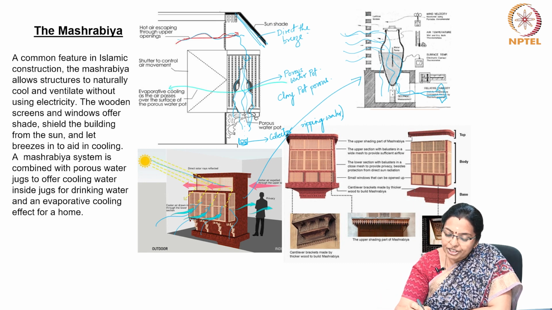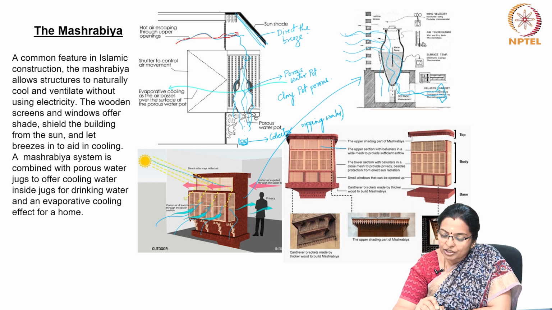There is an upper shading part for the Mashrabiya. The upper section with balustrade is a wide mesh to provide sufficient airflow. The lower section with balusters on the closed mesh provides privacy and protects from the direct sun.